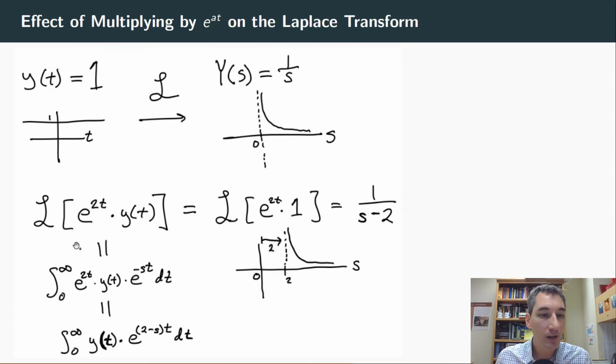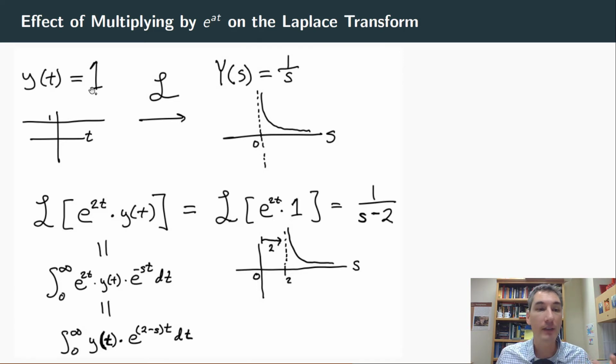And you can see how that works if you use the definition of the Laplace transform. You're going to get y of t multiplied by e to the 2 minus s, t, if you multiply these together. There's going to be a change of variables and some technical details, but there's basically a shift of s to s minus 2 going on there.